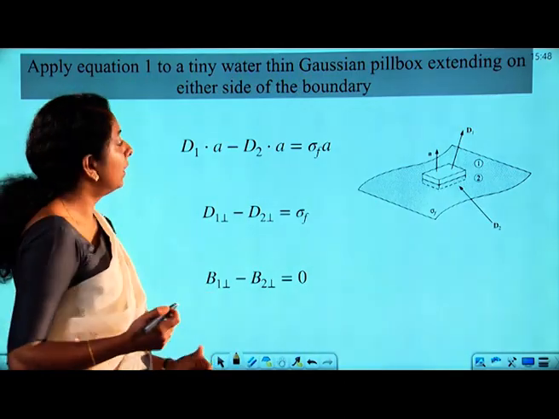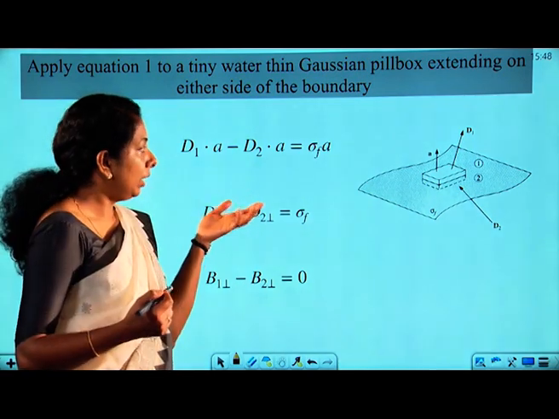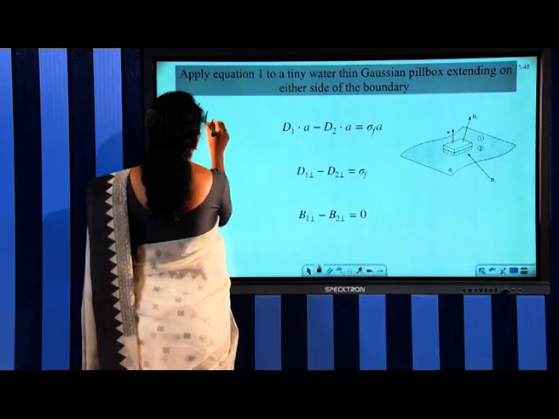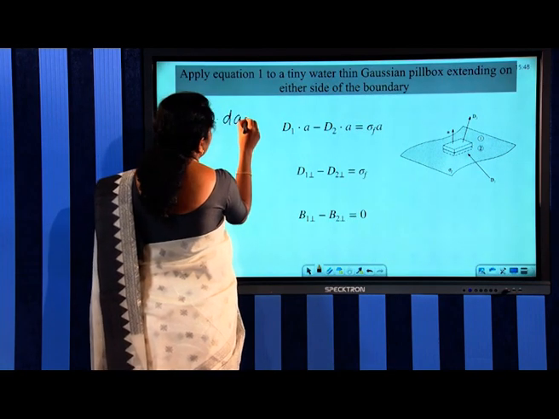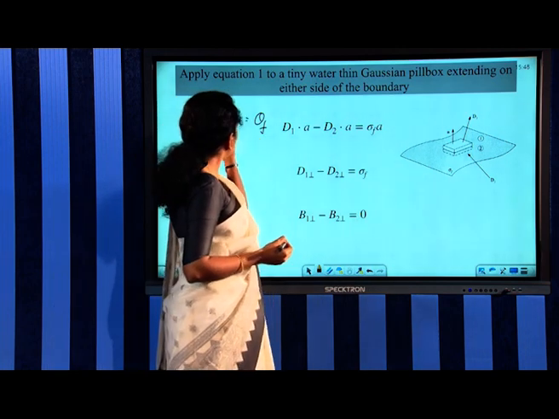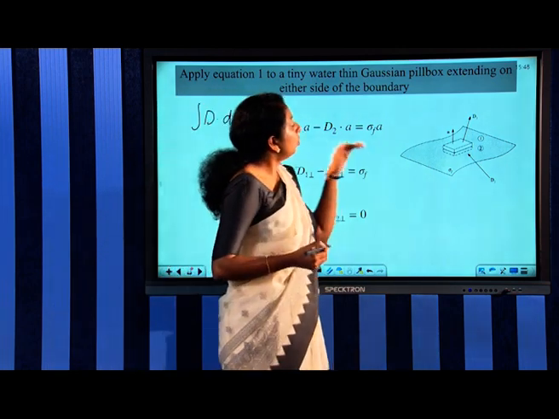Now, we can check the first equation in integral form, that is integral D dot dA is equal to Q_f enclosed. We can apply this equation to two media.